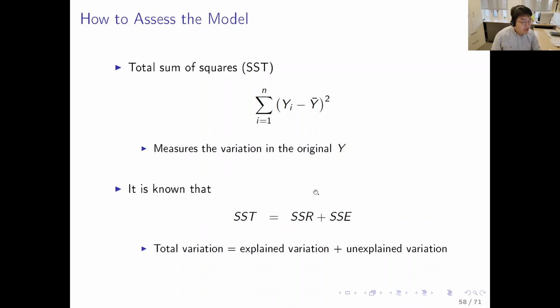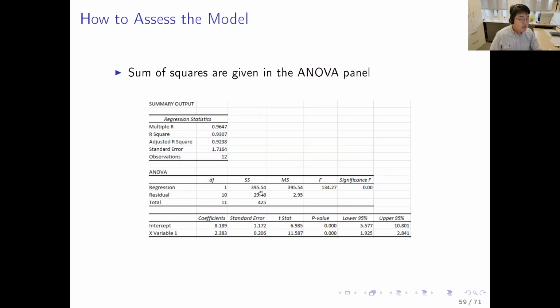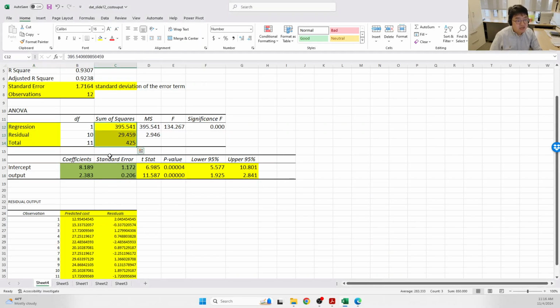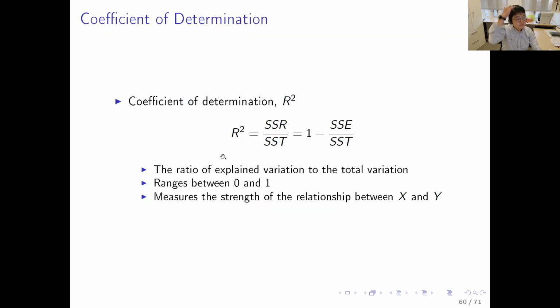Then we can use this decomposition, how much we explain and how much we couldn't, to measure how well your model explains the outcome. These are the sums of squares we just learned, and then we define the coefficient of determination.